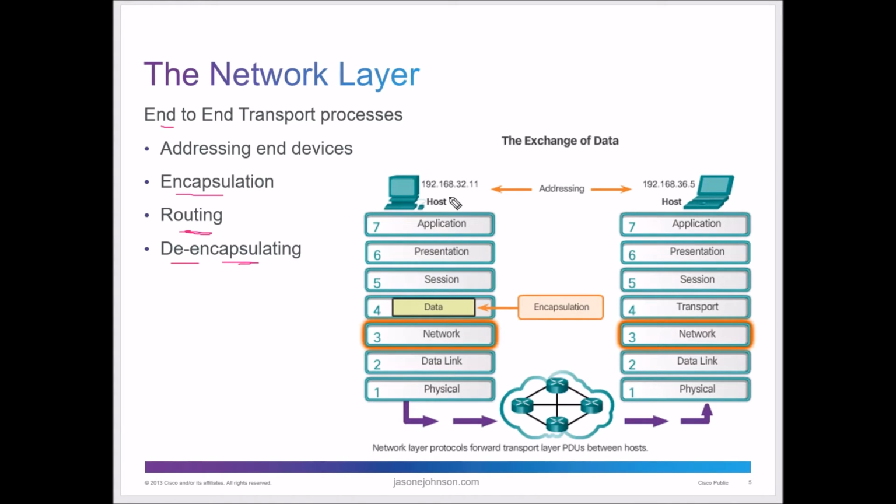So if we look at this process here, the host needs to send a message to 192.168.36.5. So what it does is it packages that information and sends it down. The encapsulation happens on the data at layer 4, and then at layer 3, the networking process, all of the routing information gets added, and then it sends it on through the network, and then it gets de-encapsulated on the other end.